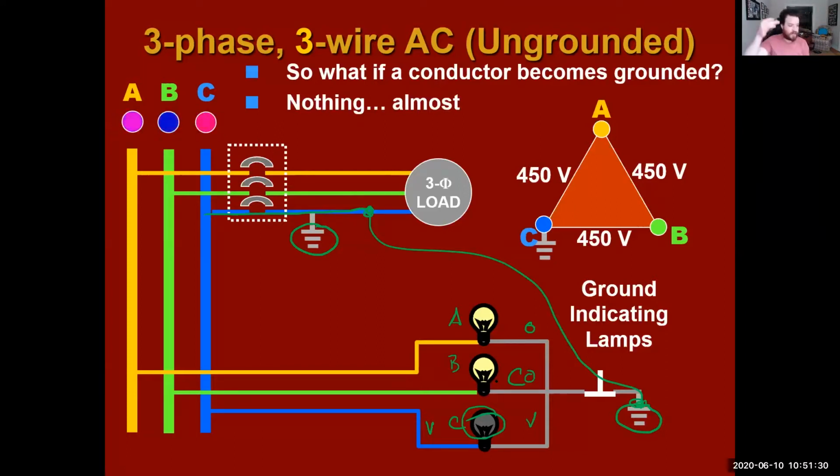You have a potential difference from B to C, which is much larger. So that's why these lights are going to get brighter. All right. And that's the interesting part about this whole piece. So during normal operation, these lights are all going to be lit. All right.